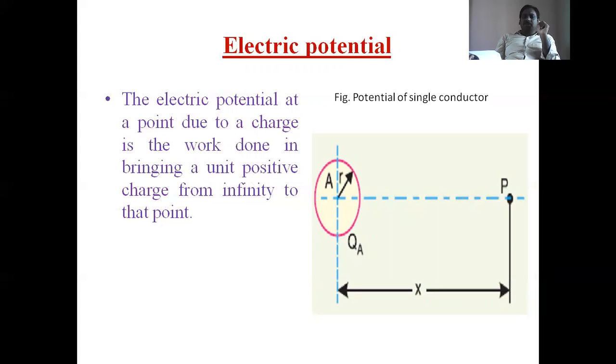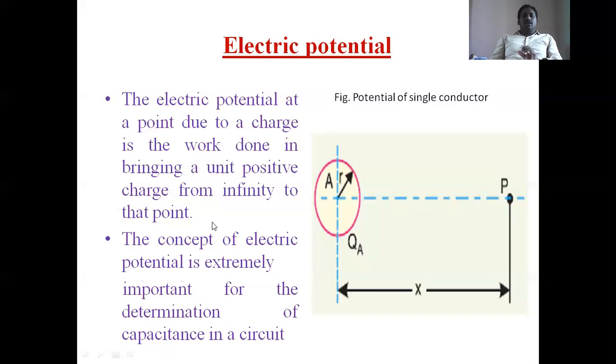That means if charge is on conductor A, then in order to move the charge from one place to infinity, electric potential is required. The work required to move this charge from the reference point A to B is nothing but electric potential, when this point is located at x meter distance from the center of conductor A.